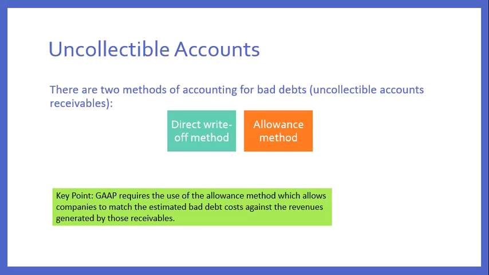Now, for very small businesses, they would probably use the direct write-off method. But for our purposes, we assume that we are required to adhere to U.S. GAAP, that's generally accepted accounting principles, and U.S. GAAP requires the use of the allowance method because it allows companies to match the estimated bad debt cost against the revenues generated by those receivables.